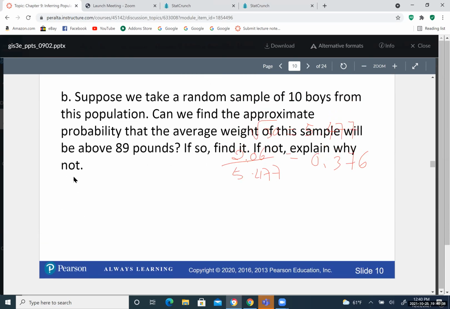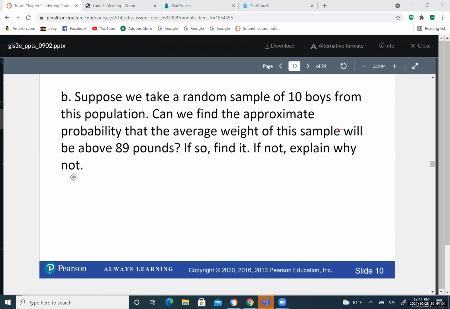So part B. They're asking, suppose we take a random sample of 10 boys from this population. Can we find the approximate probability that the average weight of the sample will be above 89 pounds?